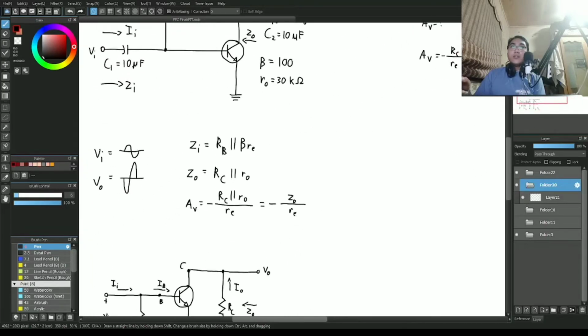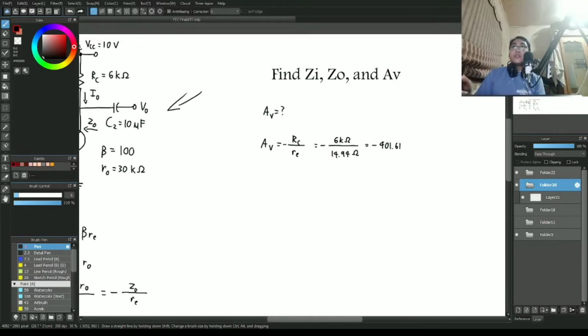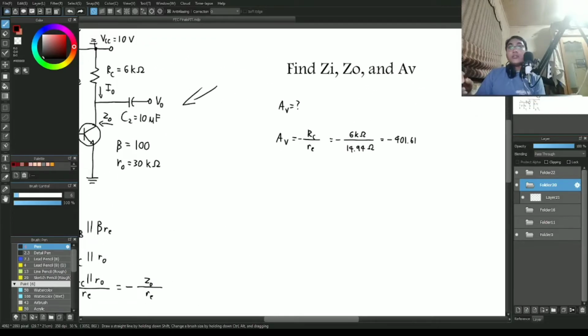Still simple, AV, since we don't have RO because it's now infinity, we only have RC over RE. As you might remember, RE is 14.94 ohms, so we just do 6 kilo ohms over 14.94 ohms.